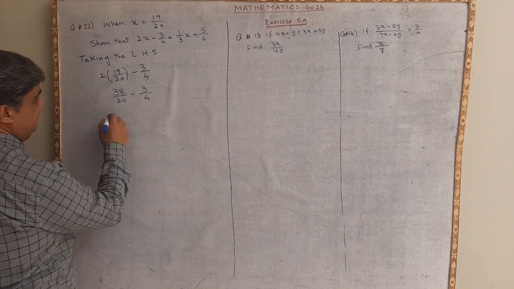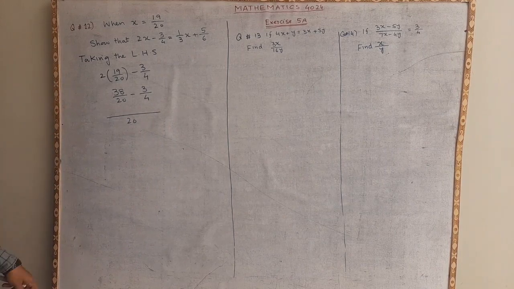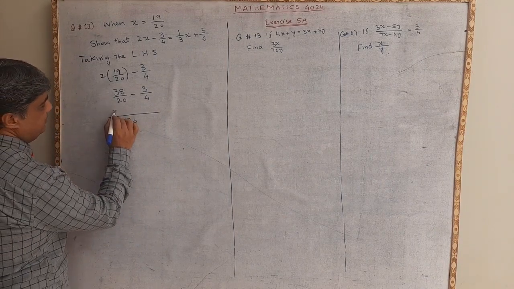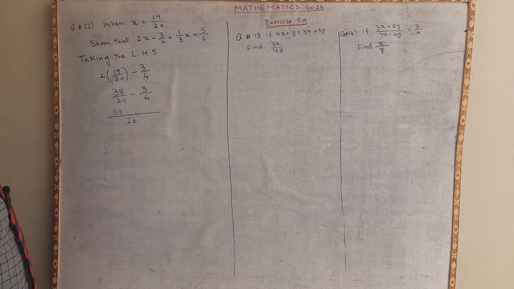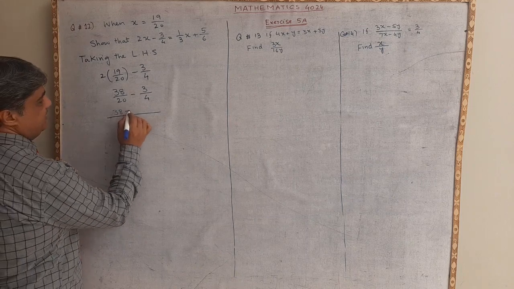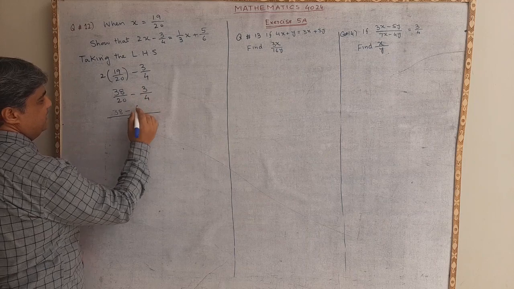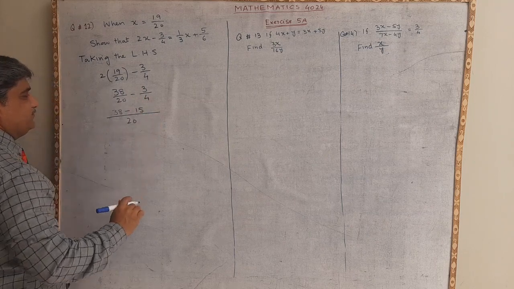Now I am taking 20 as the LCM. When 20 is divided by 20, it will give you 1, and 1 will be multiplied with 38, minus, when 20 is divided by 4, it will give you 5, and 5 threes are 15.